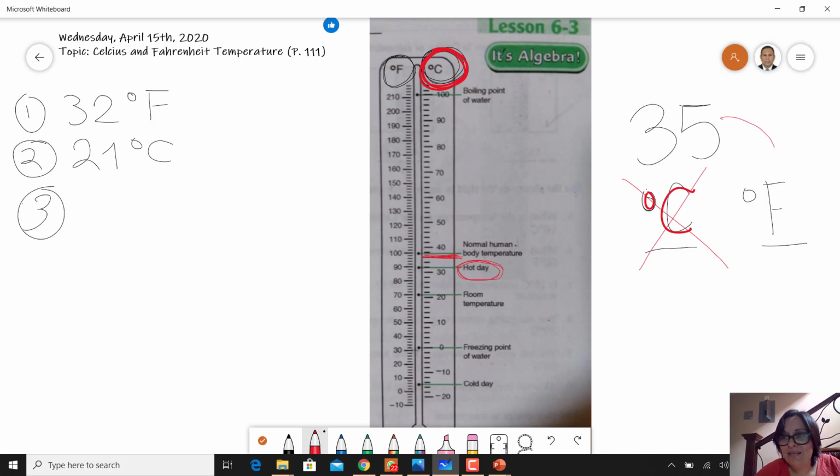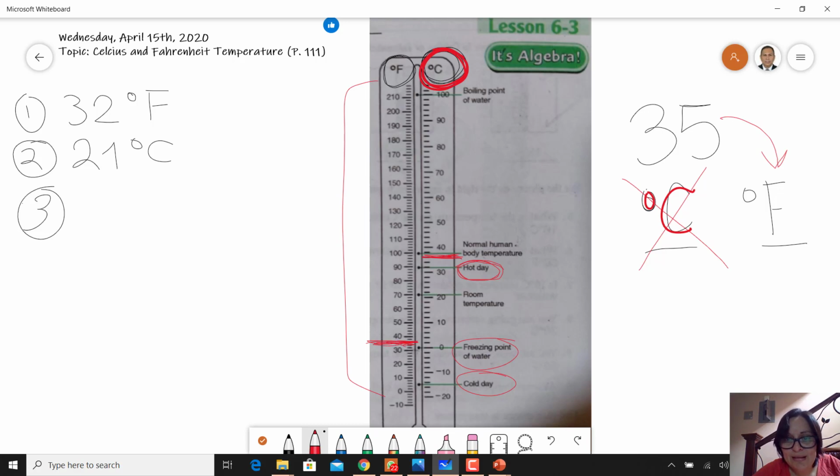Let's see where we have 35 Fahrenheit degrees. 35 is over here, right? And look, it's very close to a cold day or to the freezing point of water.